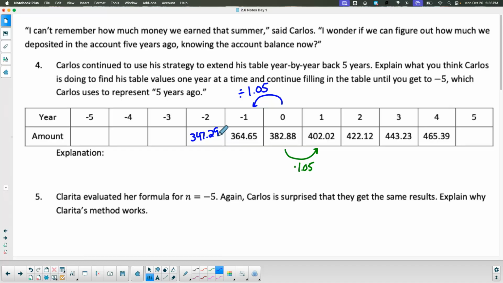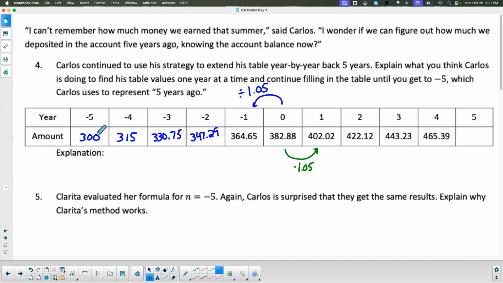We got it. 330.75. How much in year -4? 315. In year -5?